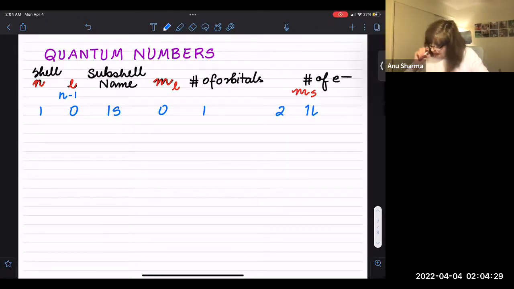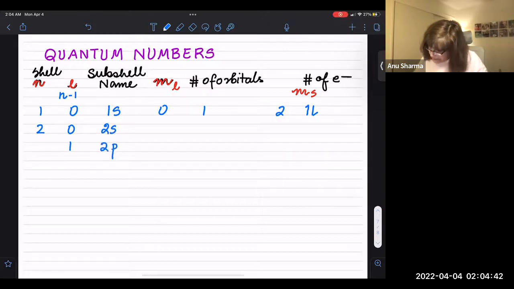Okay, that's one thing. Next is when N is equal to 2, then L is equal to 0 and 1. So 2 values in this case. And what are their names? This is 2s and 2p. Okay, then ML. The ML for 2s is 0, but 2p would be -1, 0, and +1.